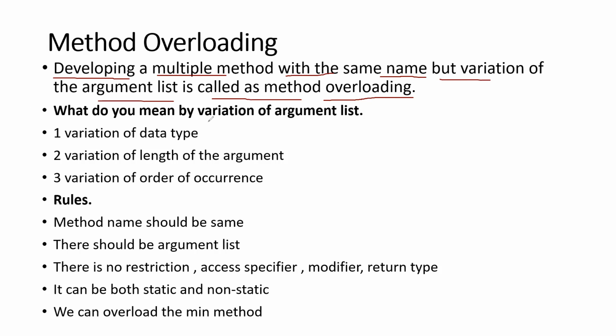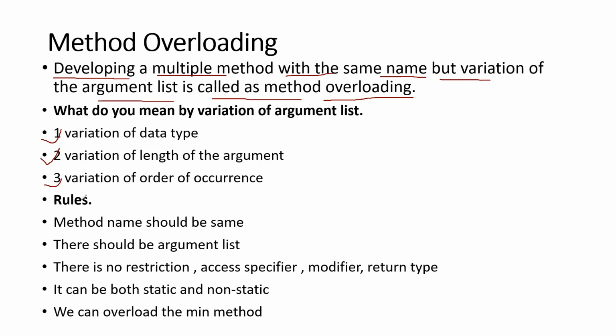What do you mean by variation of the argument list? One is variation of data types, another is variation of the length of the arguments, and another is variation of the order of occurrence.